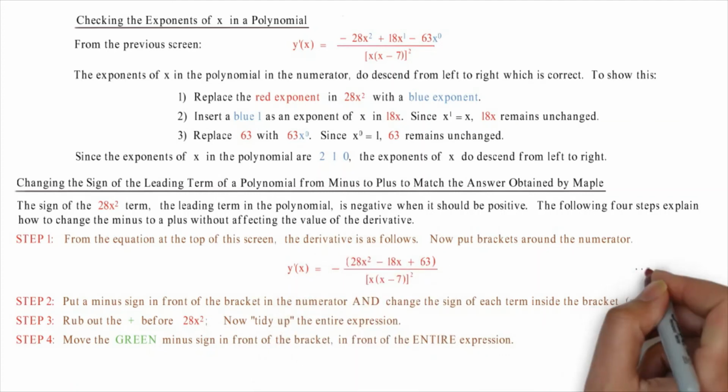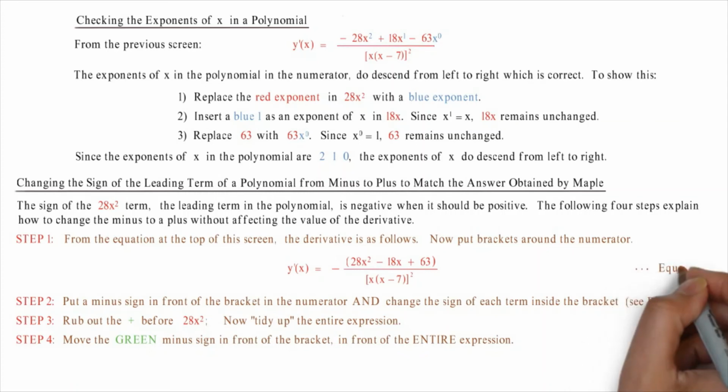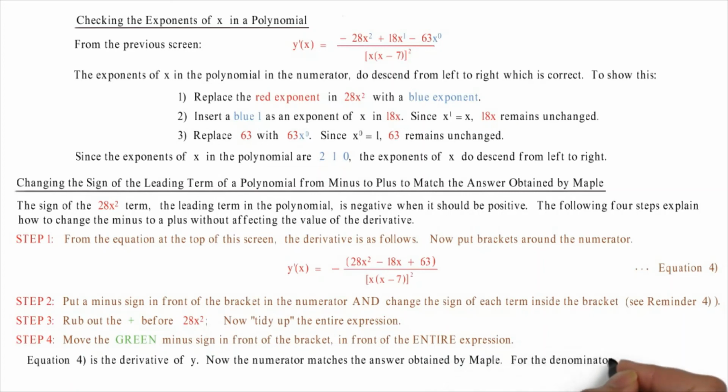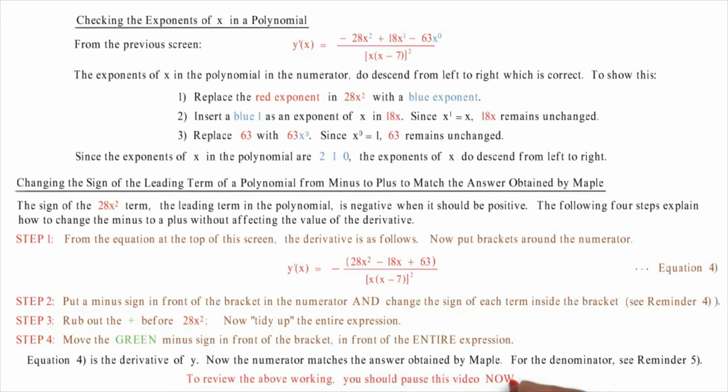Call this equation Equation 4. Equation 4 is the derivative of y. Now the numerator matches the answer obtained by Maple. For the denominator, see Reminder 5. To review the above working, you should pause this video now.